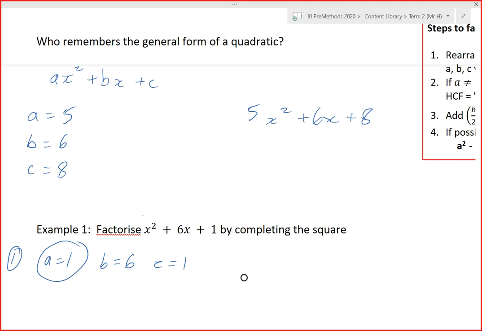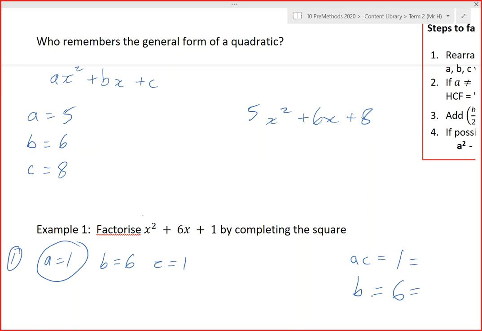And this is where it gets a bit confusing. So if you normally looked at this quadratic, you may use the AC method. B is 6. So are there any numbers that multiply to get 1 and then add to get 6?